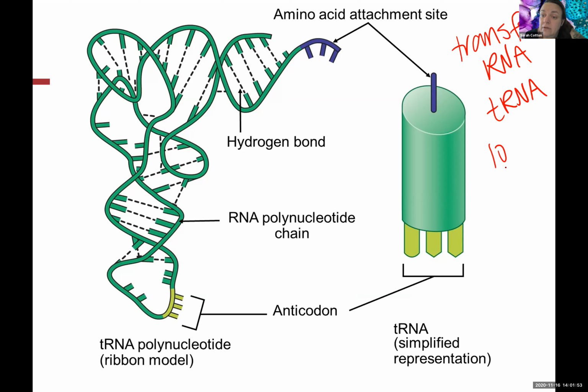Lots of them. As it turns out, you have 61 different ones. Don't worry about that though. You don't have to memorize that. So you have lots of different tRNAs, and what makes them different is this part here and this part here.